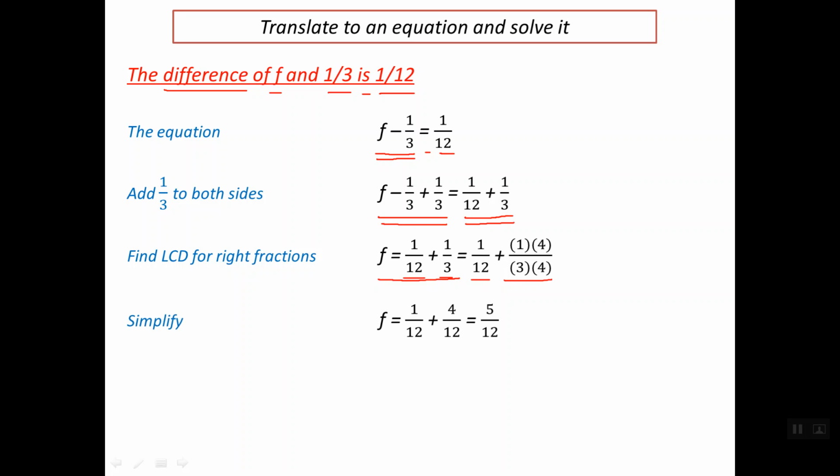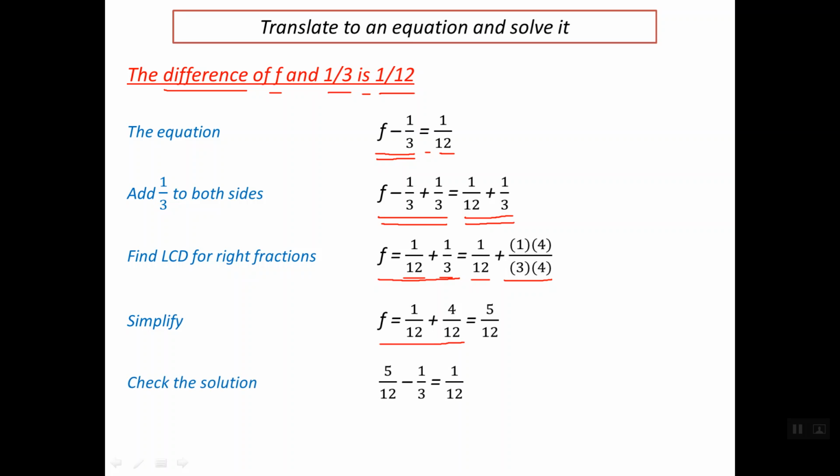Now we can simplify. So f is equal to 1/12 plus 4/12. Now we have two fractions with the same denominator, so we can add the two numerators and divide by the denominator. 1 plus 4 is 5 and the denominator is 12. So this is the solution for the variable f.